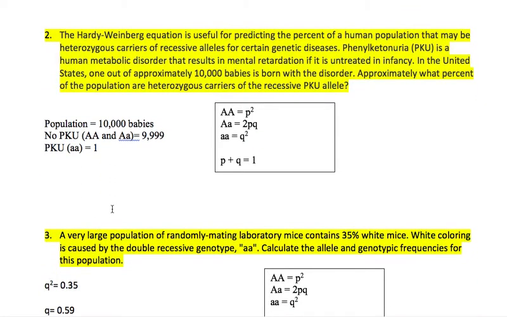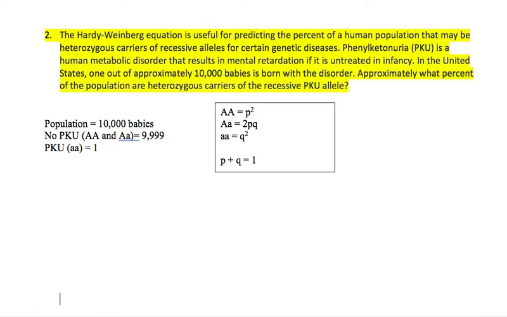All right, here's problem number 2. Create some space. The Hardy-Weinberg equation is useful for predicting the percent of a human population that may be heterozygous carriers. So that definition of carriers is that they have some sort of a disease or any genetic indicator that is not necessarily going to be displayed, but they do have it in their DNA.